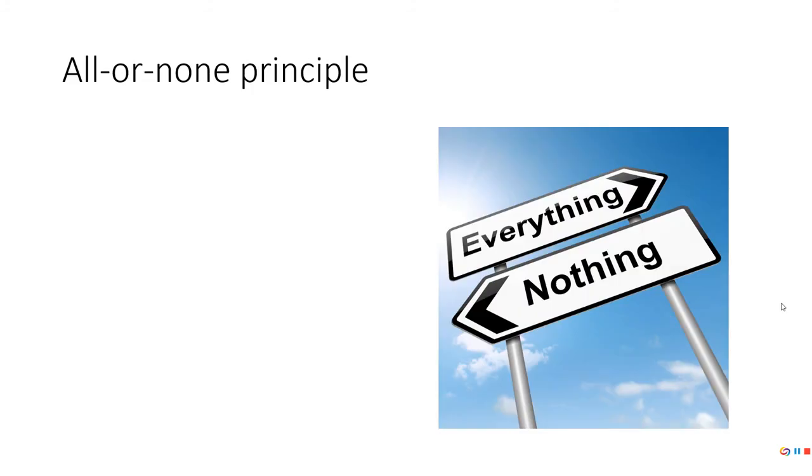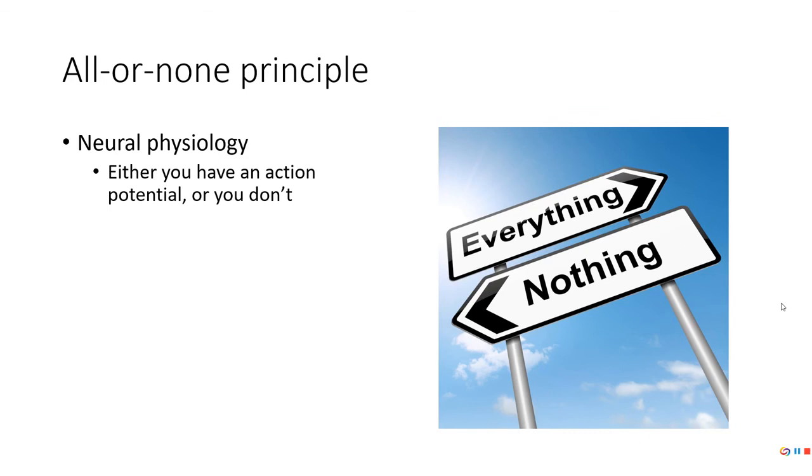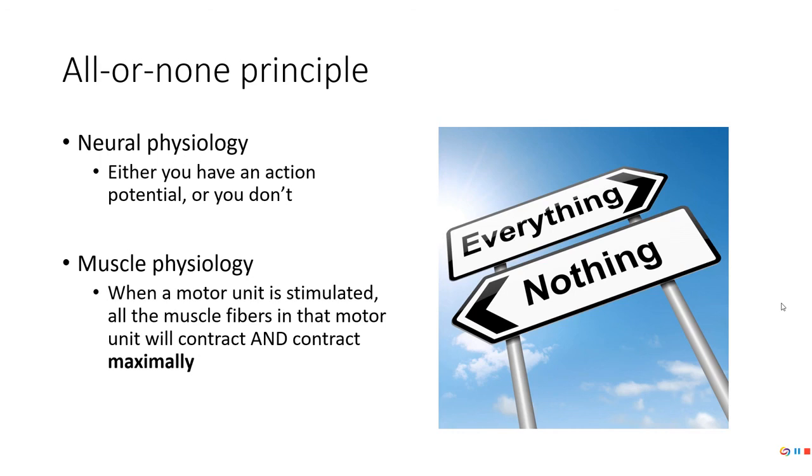Now we talked about motor units, and the way motor units work is through the all or none principle. When it comes to neurophysiology, either you have an action potential or you don't. Muscle physiology is very similar. If you have an action potential in a motor unit and that activates a muscle fiber, causing an action potential in the muscle fiber, the muscle fibers in that motor unit are going to contract, and they're going to contract maximally.